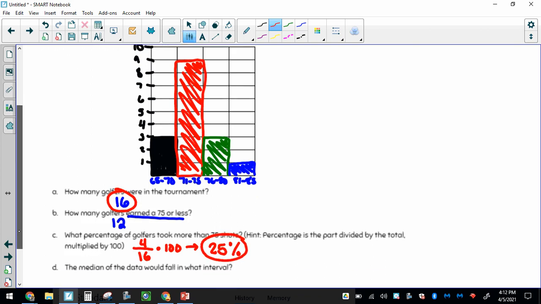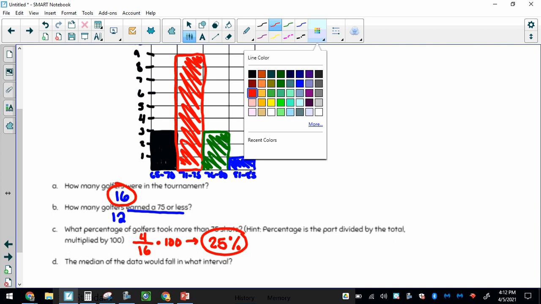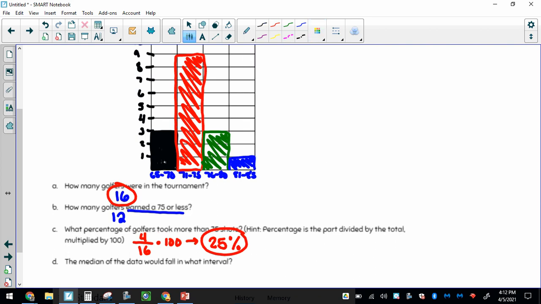And then for the last question, it's asked for the median. Now remember, the median is the middle number. Now we can perform some trickery here, and I'm going to choose a color that's going to show up very well. I know that 3 people scored in this section, and they have to be the lowest scorers. So I can cross out the 3 highest, those 3 over there.